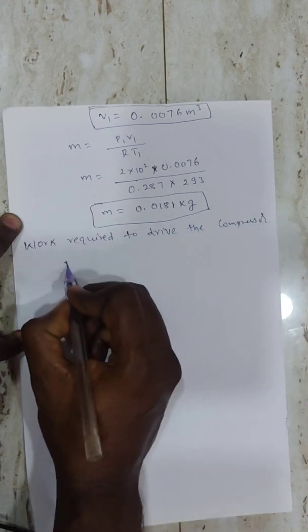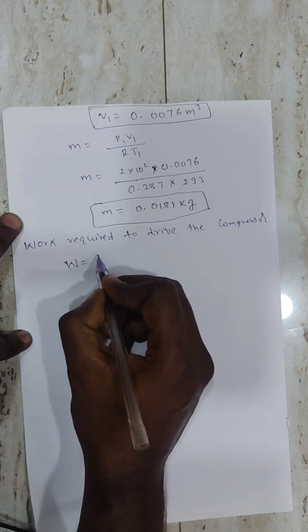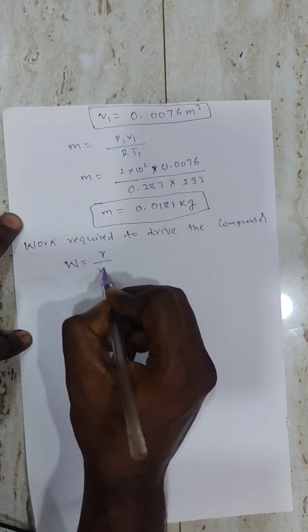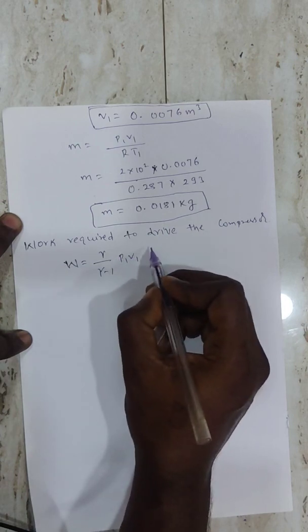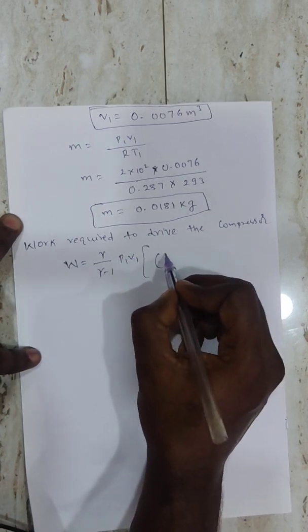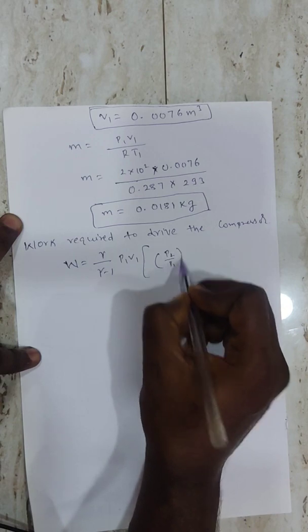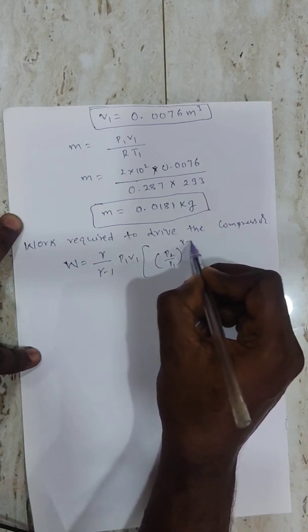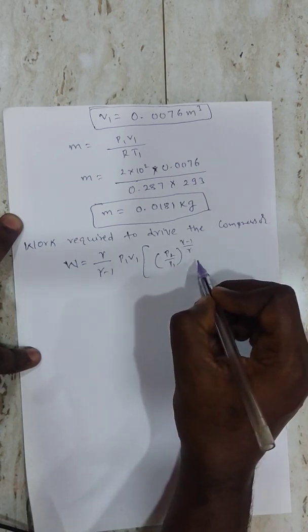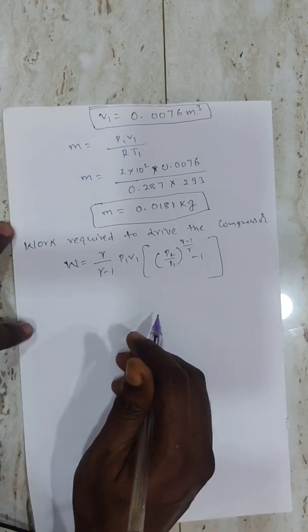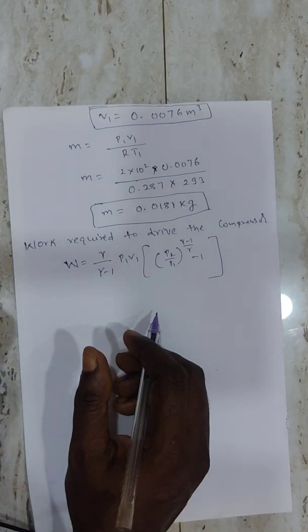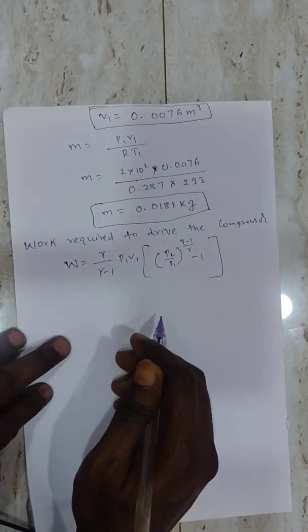That is W is equal to gamma by gamma minus 1, P1 V1, into (P2 by P1) whole to the power of (gamma minus 1) by gamma, whole minus 1. This is the formula. For adiabatic compression, gamma is equal to 1.4.